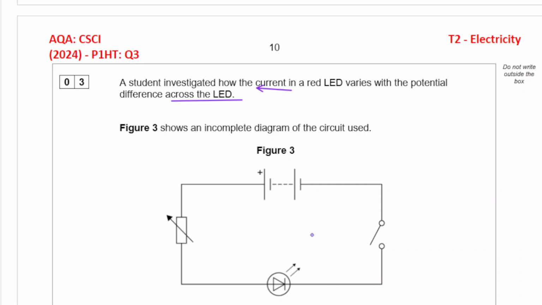Figure 3 shows an incomplete diagram of the circuit used. So here you have the battery. It's not a cell because there's more than one. The switch, the LED, and this is the variable resistor.